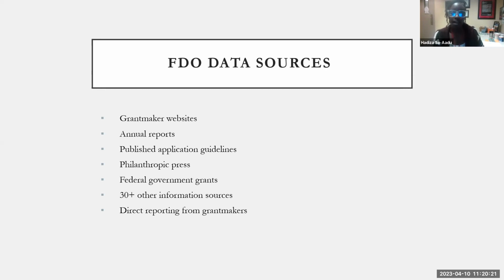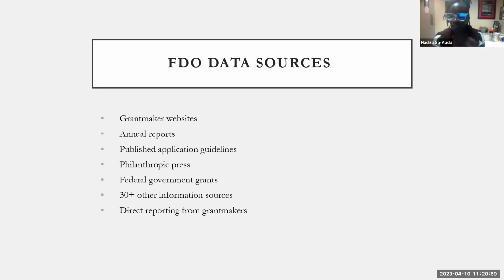In addition to that, they are pulling directly from grant maker websites and of course some of their annual reports. They're also accessing published application guidelines and philanthropic press. And of course, as I mentioned before, federal government grants that are available publicly through Grants.gov, as well as other information sources that have been established through their staying power within the nonprofit world, and within that, direct reporting from grant makers based off of those relationships.